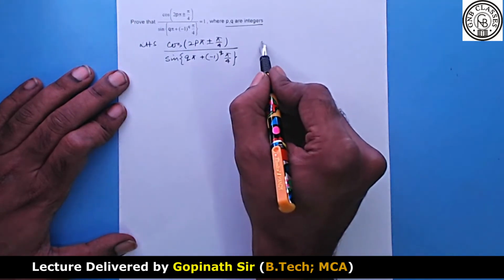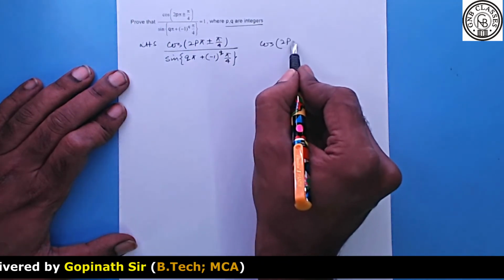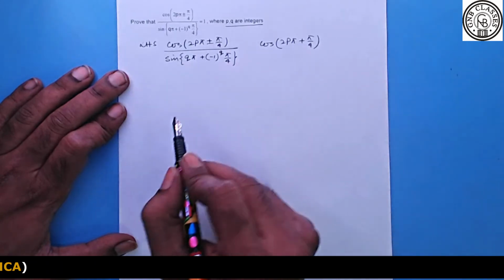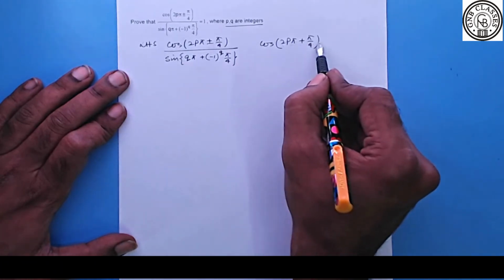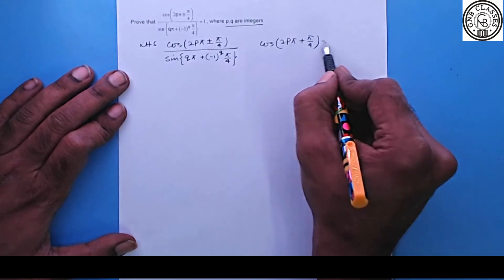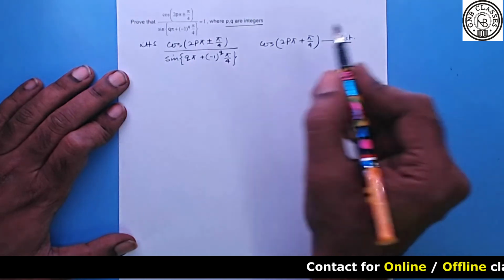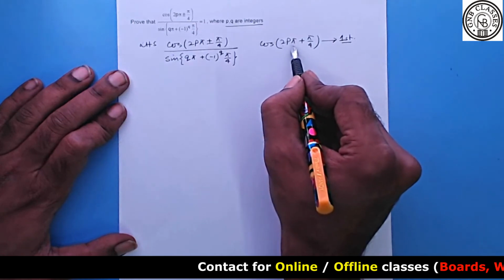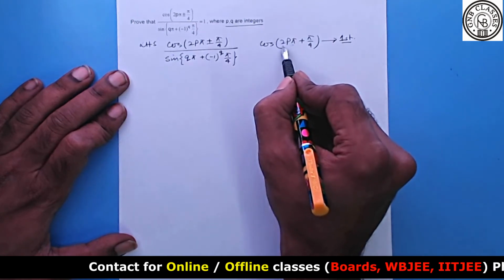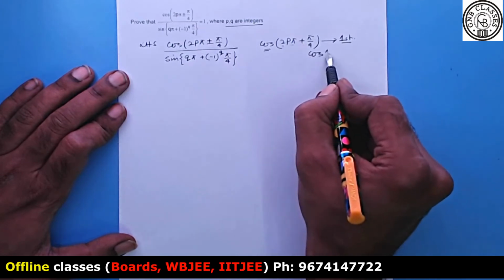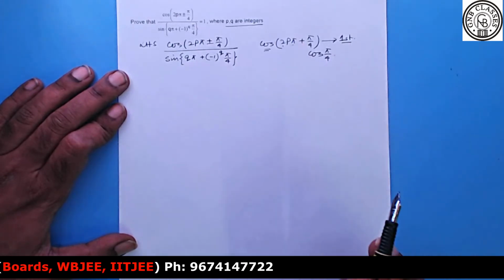Now observe carefully. Cos(2p pi plus pi by 4) will give you what? This angle will fall in the first quadrant, and since the multiple of pi is even, cos will remain cos. So it will become simply cos pi by 4. Is this clear?